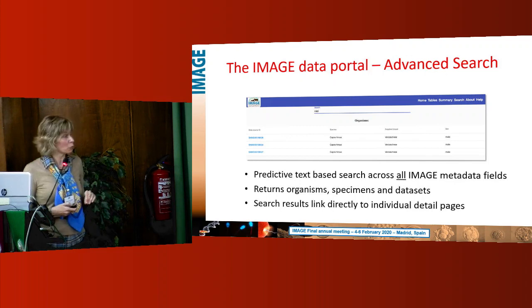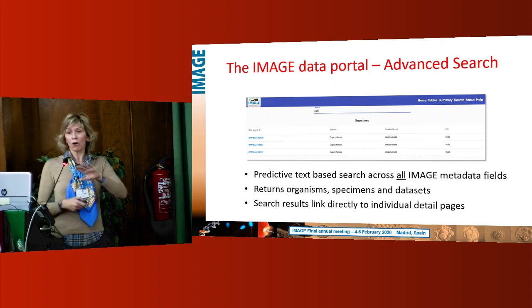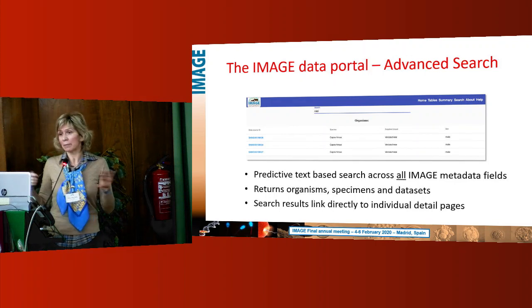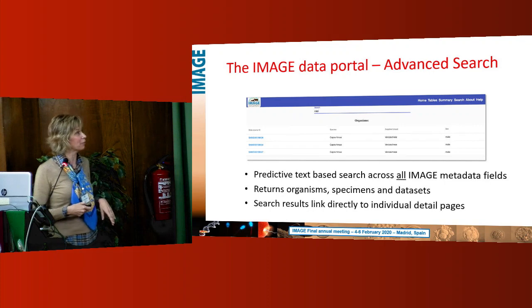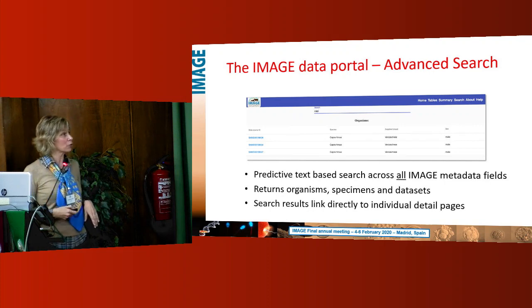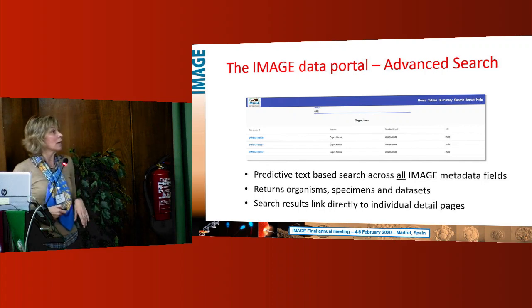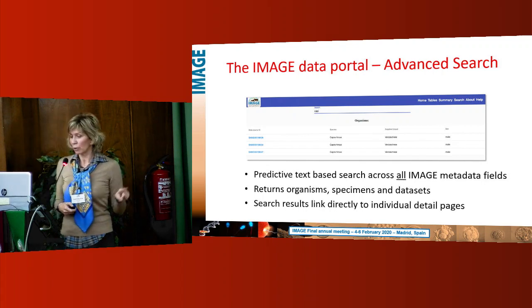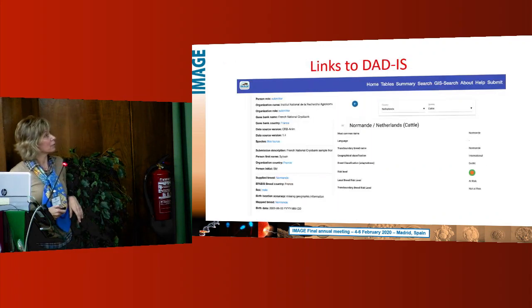It gives you the possibility to perform advanced search based on all the attributes, all the metadata fields. So it's searched across all the metadata fields. It returns organisms, specimens, and data sets, again downloadable. And a search result brings you directly to individual detailed pages. Here an example is a link to DADIS.